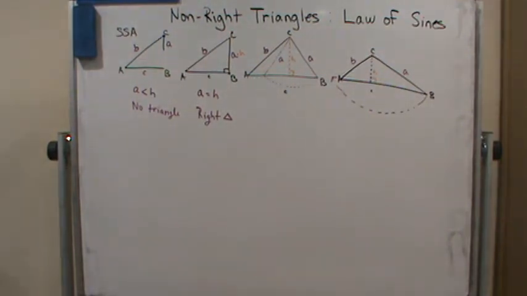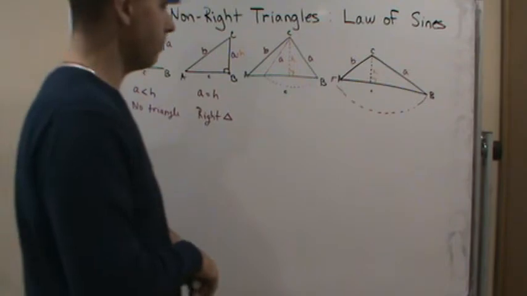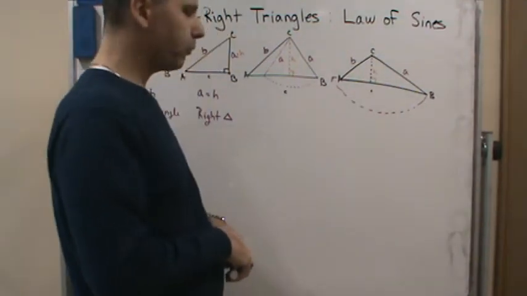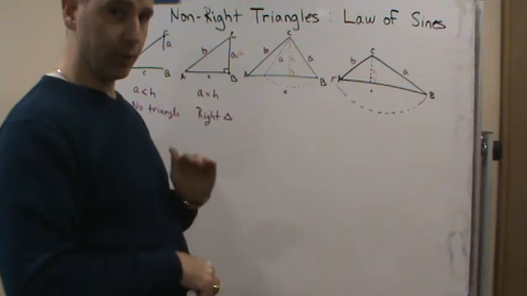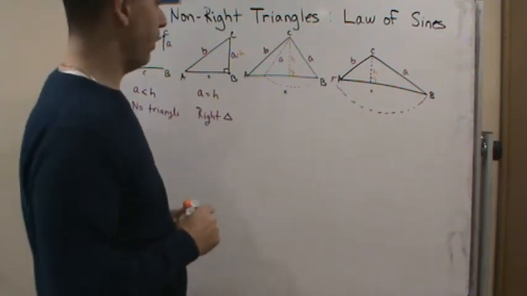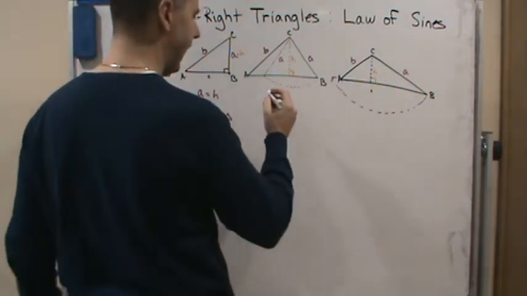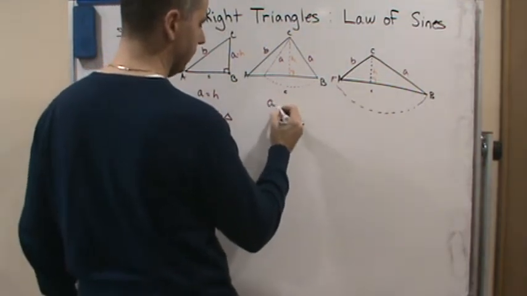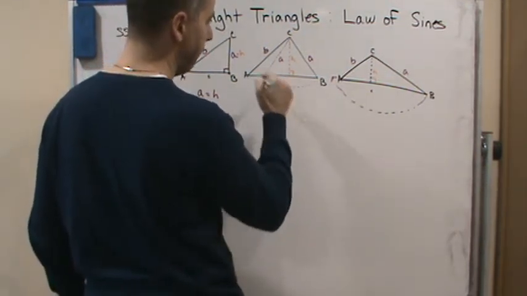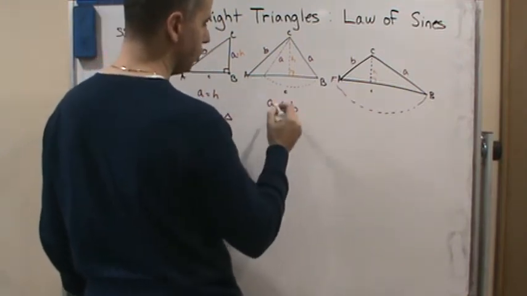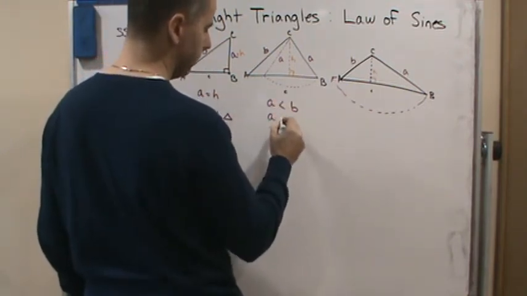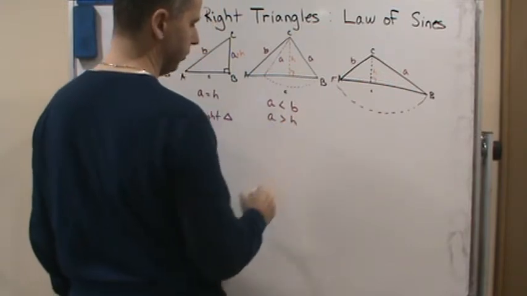Now, the next two cases are where we want to make sure we understand the relationship. In this case, A is less than B, but it's also greater than the altitude.